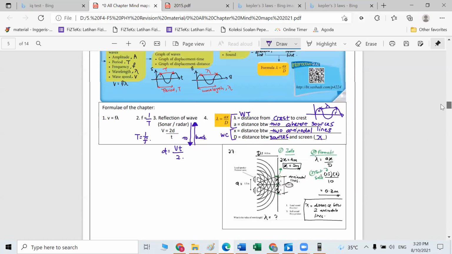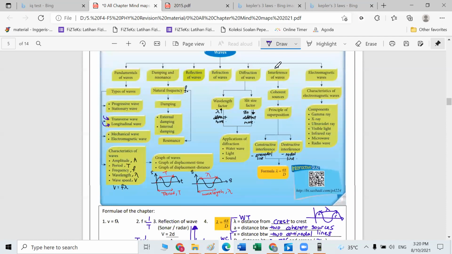Okay, then what is coherent source? Wenzhen, what is coherent source? Two coherent sources.